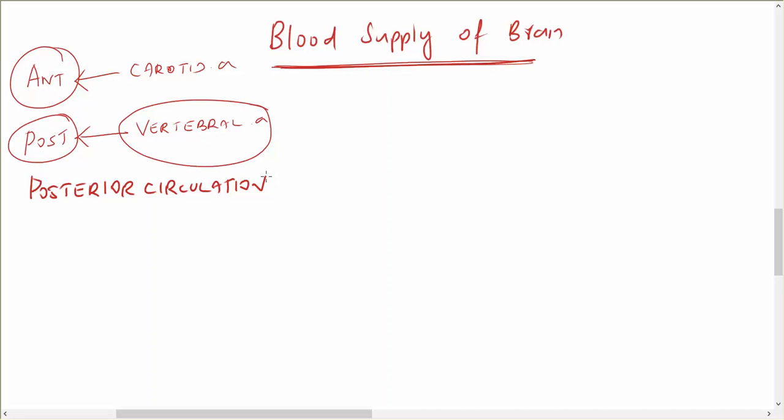The anterior circulation, which comes from the carotid artery, goes to the anterior parts of the brain, mainly the cerebral cortex, and that is called anterior circulation.